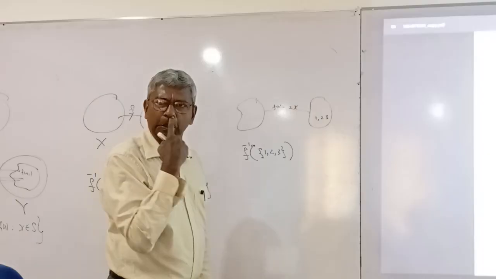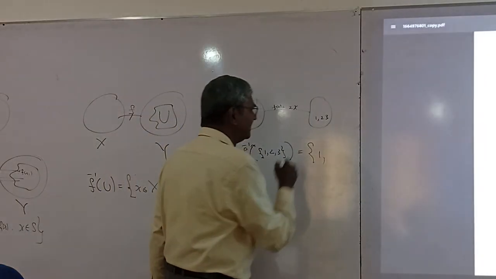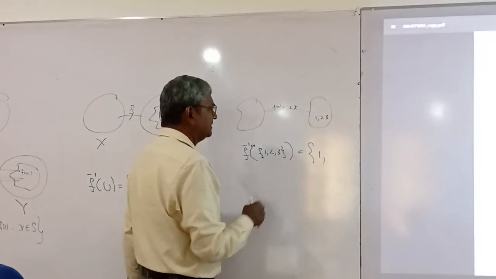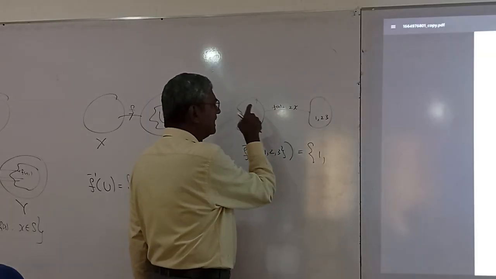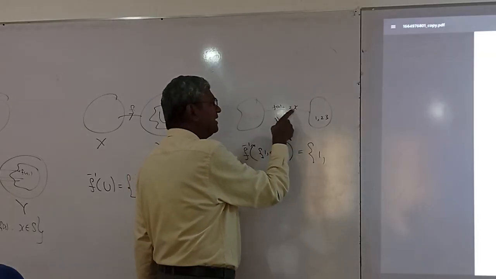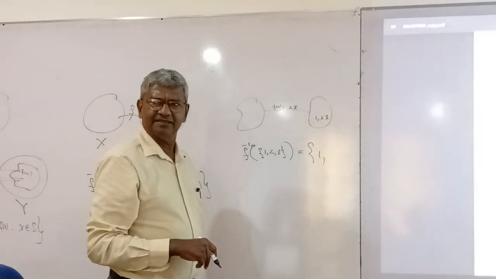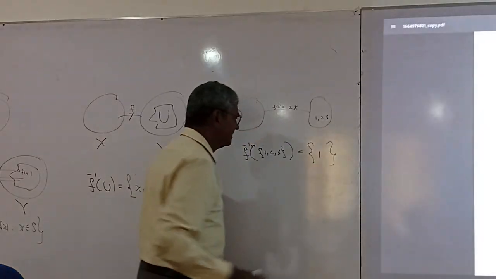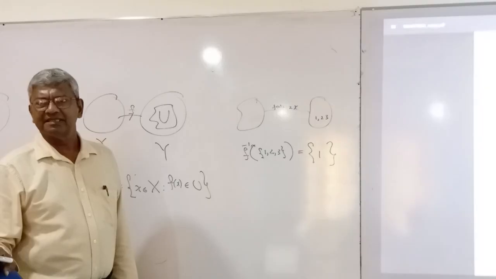Yes. What is it? 1. So 1 is there. Is there any other element which, multiplied by 2, lands in the set {1, 2, 3}? No. So that's all. f inverse of {1, 2, 3} is just {1}.